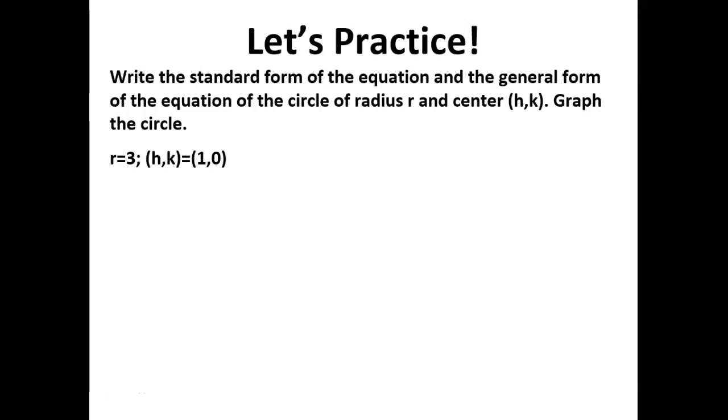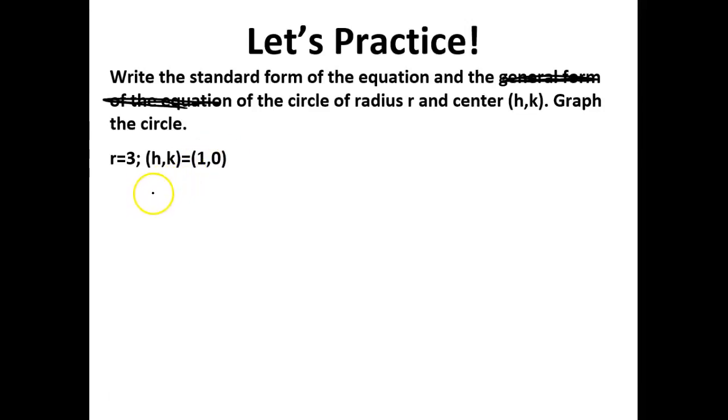In this one, write the standard form of the equation and the general form of the equation. I'm going to hold off on the general form for a little bit, so we're going to skip that for right now, but we're going to look at the standard form of the equation of a circle of radius r and center h, k. Graph the circle. Here, our center is at 1, 0.